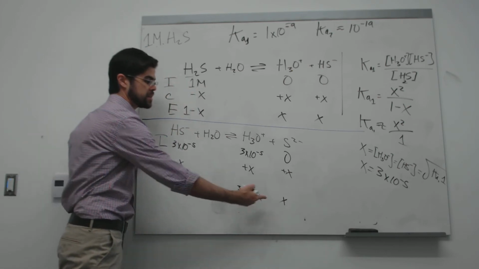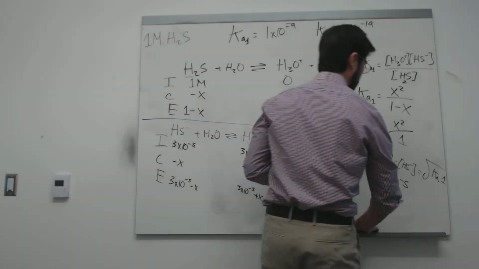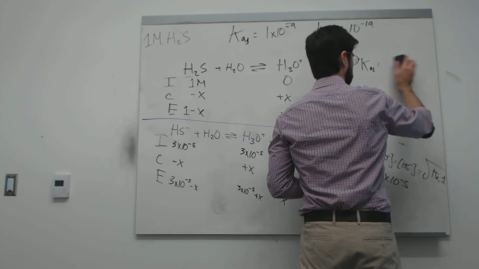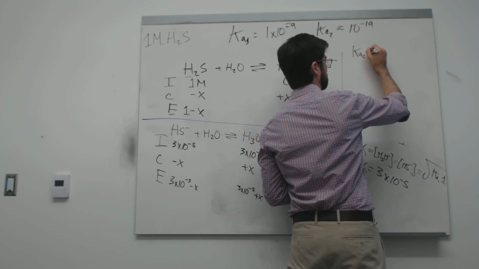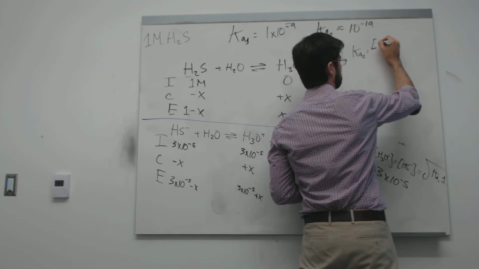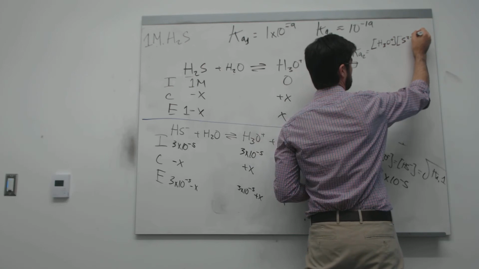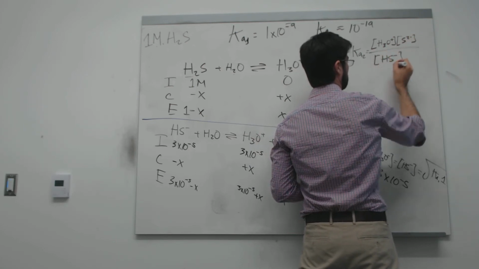And if I plug these equilibrium concentrations into the law of mass action, now my law of mass action looks like this. So this will be Ka2 is equal to the concentration of hydronium times the concentration of S2 minus divided by the concentration of HS minus.